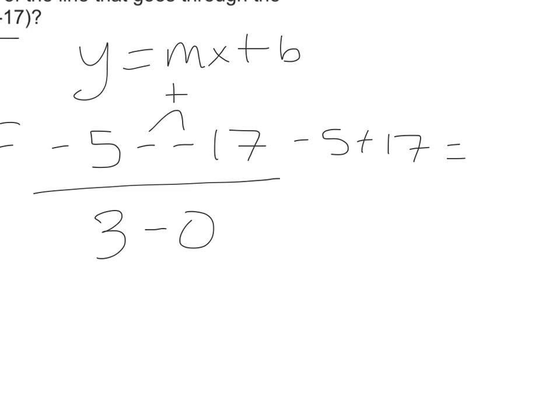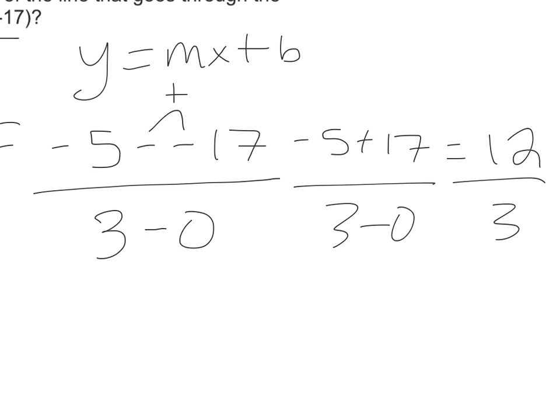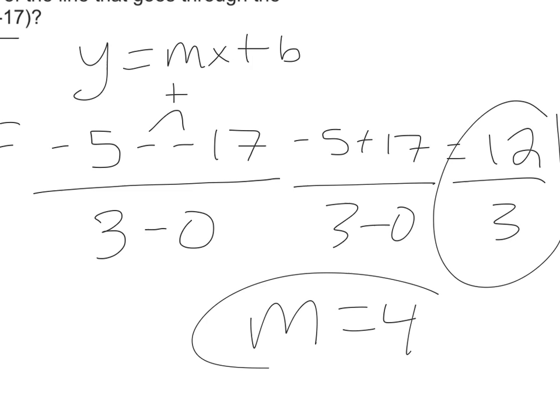I now have one number that is positive and one number that is negative, so I subtract. 17 minus 5 is 12. There are more positives, so it stays positive. 3 minus 0 is 3. I have 12 over 3 as my slope. This line means to divide. So 12 divided by 3, I have a slope of 4.